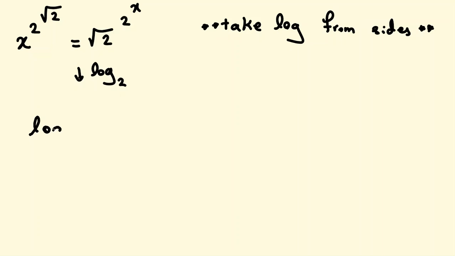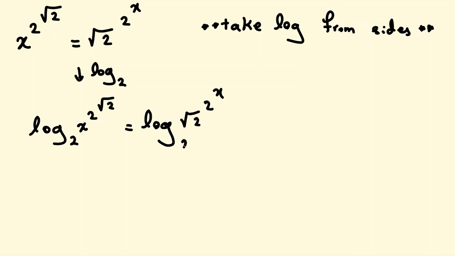So it will be what? Log base 2 of x to the root 2 equals log base 2 of root 2 to the x. Now let's focus on the right hand side. It will be log base 2, and instead of root 2 you can write 2 to the power of 1/2, times 2 to the power of x.